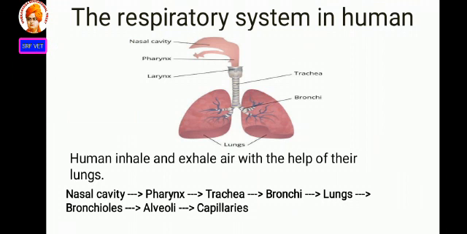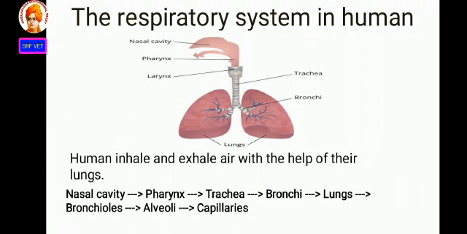The trachea branches into two smaller tubes called bronchi. Each bronchus opens into a lung. Inside the lungs, the bronchus divides into many thin tubes called bronchioles. These bronchioles enter small air sacs called alveoli.